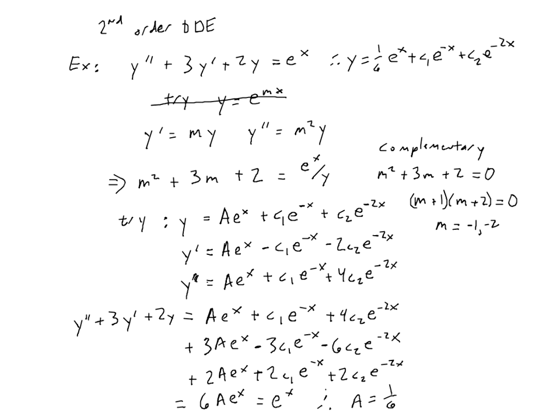This term has to be 1/6 if this is going to work. And so by doing that, we found a solution to the differential equation. Let's see another example. And remember, the trick here was we didn't just find the particular solution that worked. We had to find the complementary solution and add that in order to get the full solution.